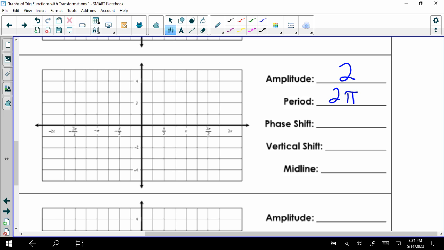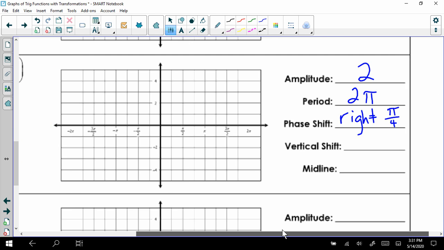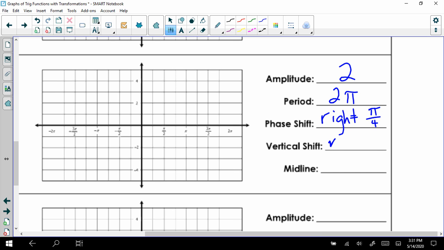The phase shift, I am going to the right this time. Pi over 4, I think it was. Yeah. No vertical shift, which means my midline is the same.